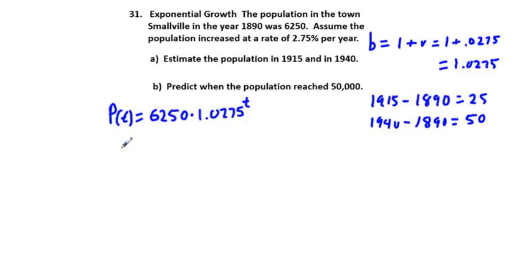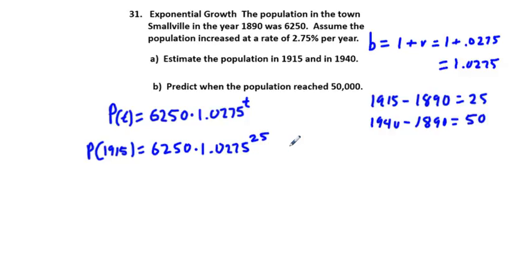So we're going to say P sub t, and the time is what we're going to look for. P of 1915 is going to be equal to 6,250 times 1.0275 to the power of 25.